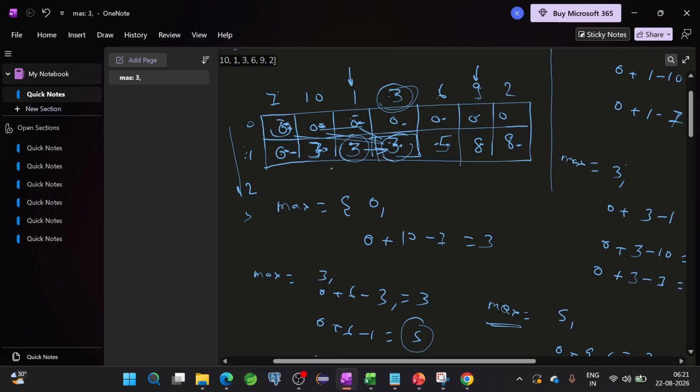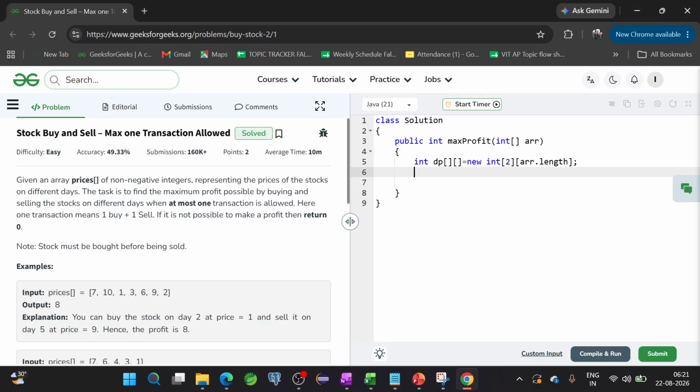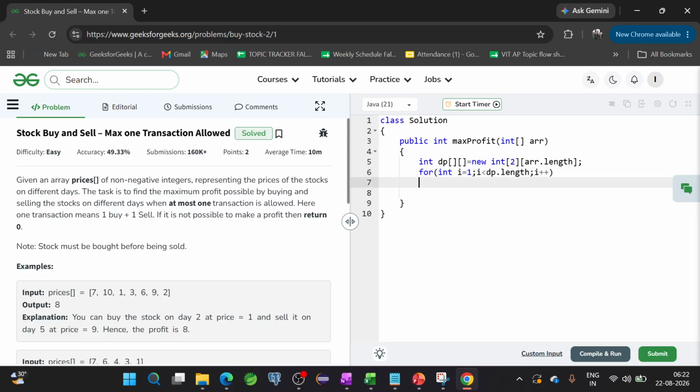Then we will start from this point. for i equal to 1, i is less than dp dot length, i plus plus.